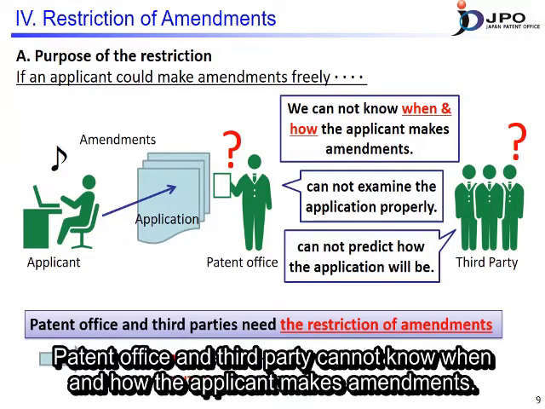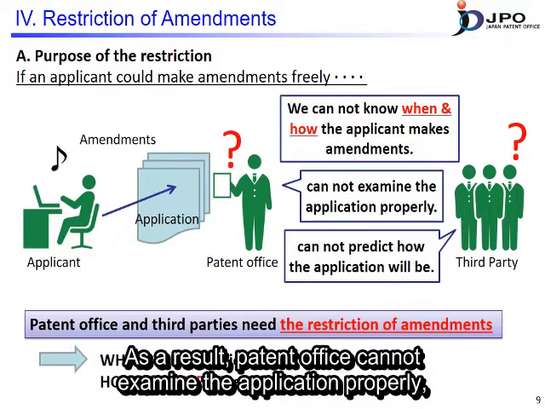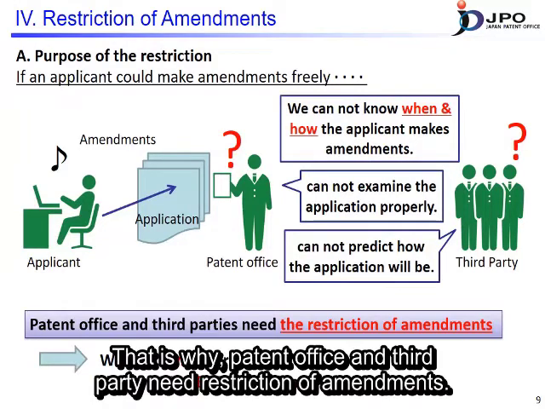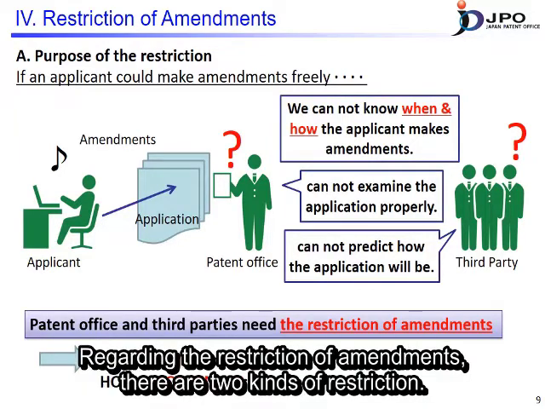Patent Office and third party cannot know when and how the applicant makes amendments. As a result, a Patent Office cannot examine the application properly, and third party cannot predict how the application will be. That is why Patent Office and third party need restriction of amendments.